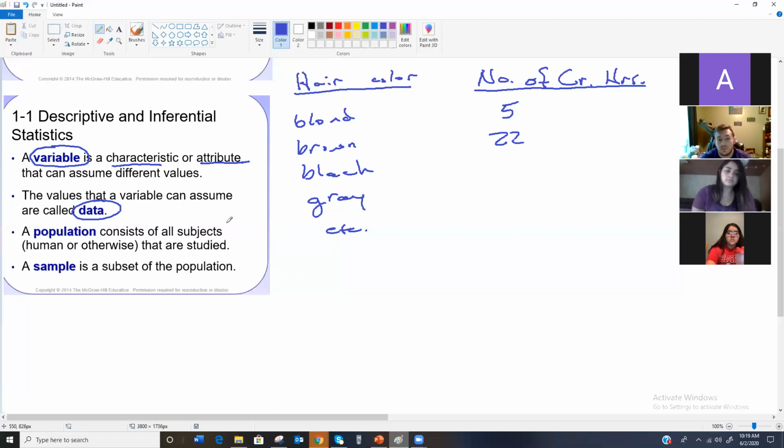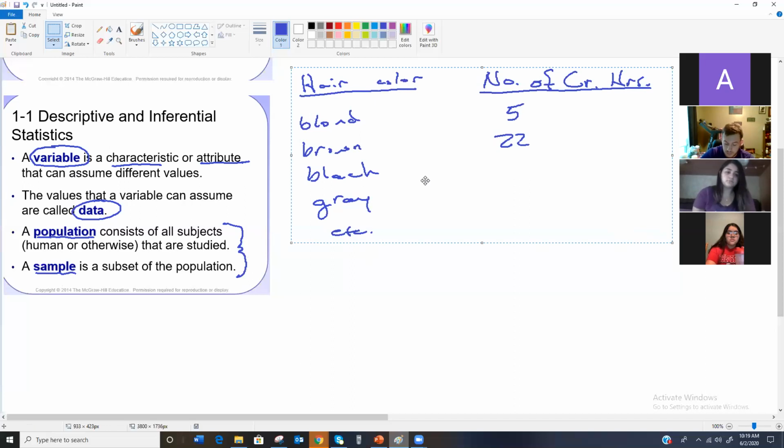These two things, however, you really need to know the difference between what is a population and what is a sample. All of statistics is basically based on those two things.